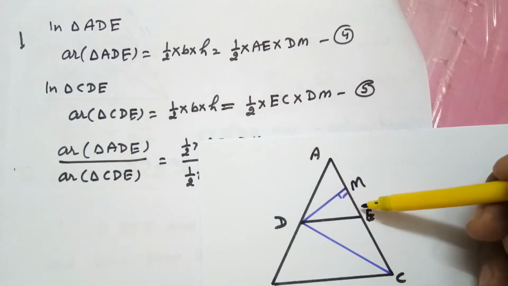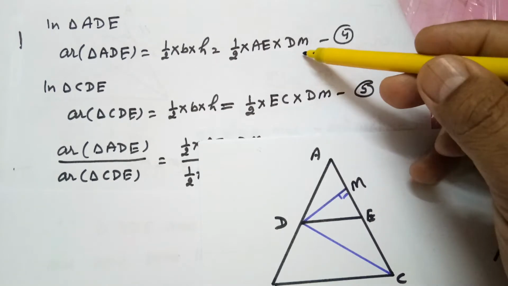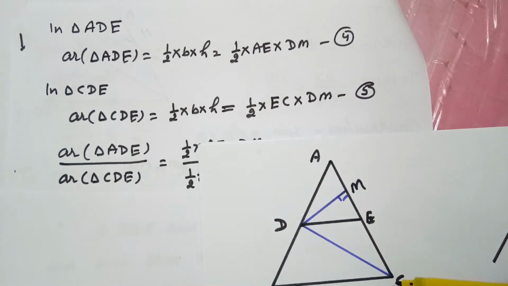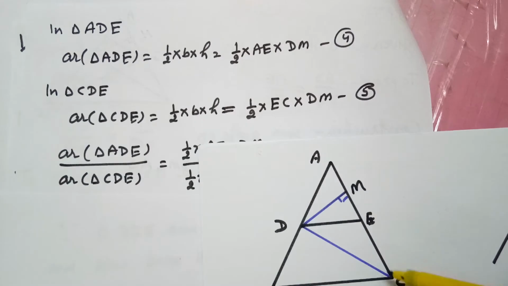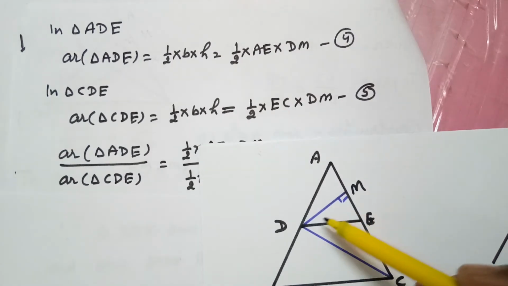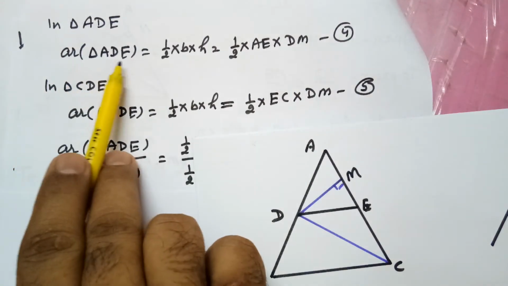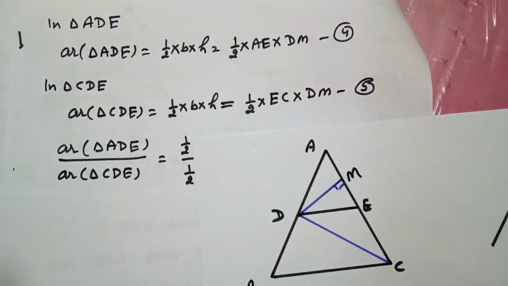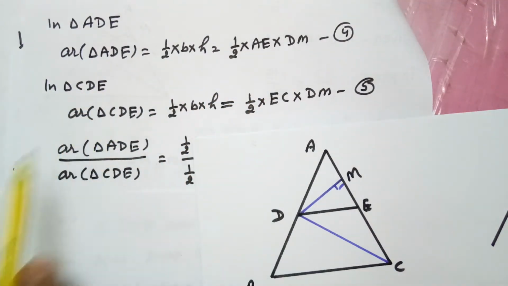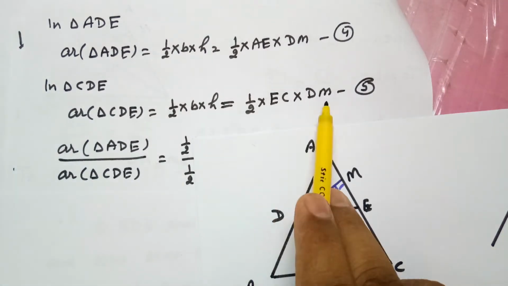Here in this case the base is AE and the height is DM, and in triangle CDE again the base is CE and the height is DM. So the area of triangle ADE equals half into AE into DM, and the area of triangle CDE equals half into base into height.